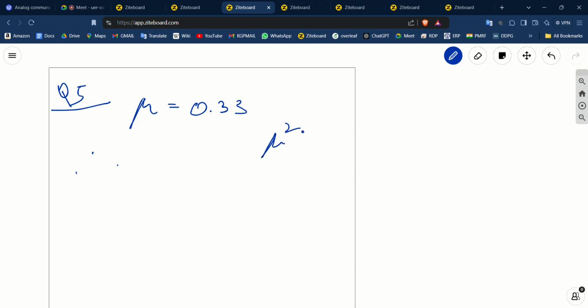the noise figure of AM is mu square by 2 plus mu square.